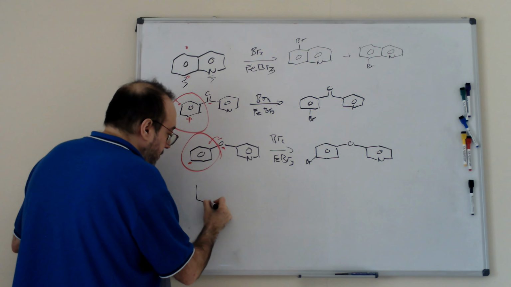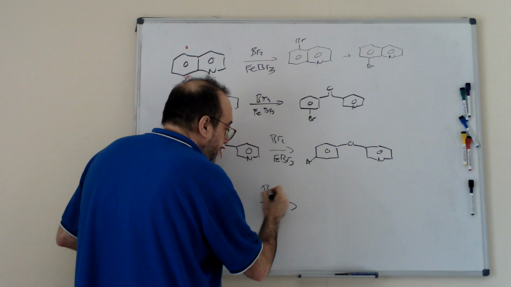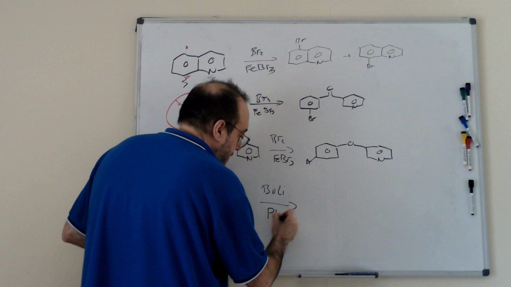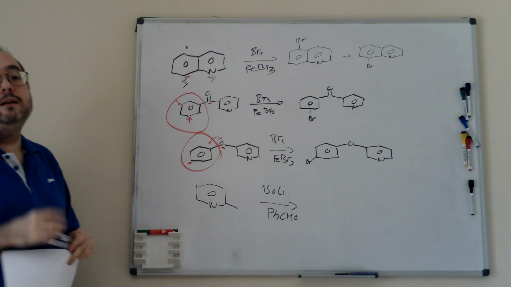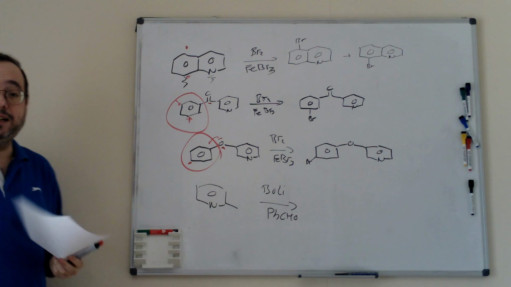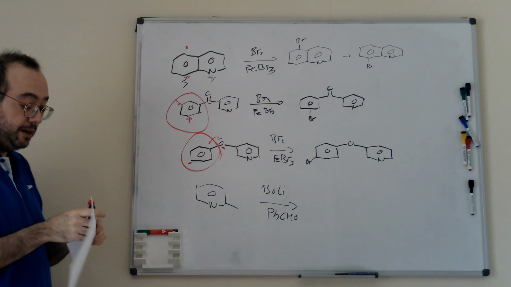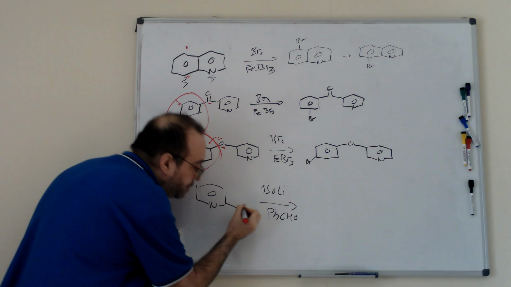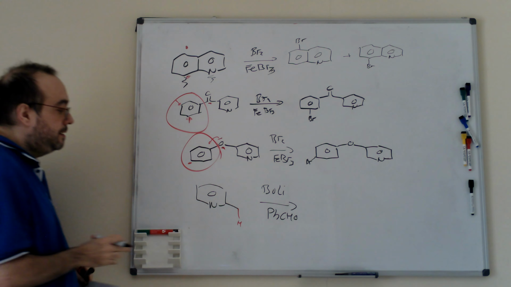Finally, we have this compound and we add butyllithium and then benzaldehyde. What is happening? First step, we add butyllithium. It's a very strong base. We have to decide which is the most acidic proton here. The most acidic proton is the proton in the meta position, okay?